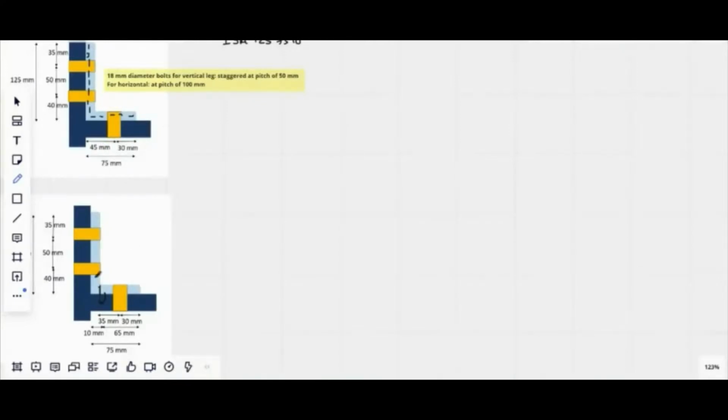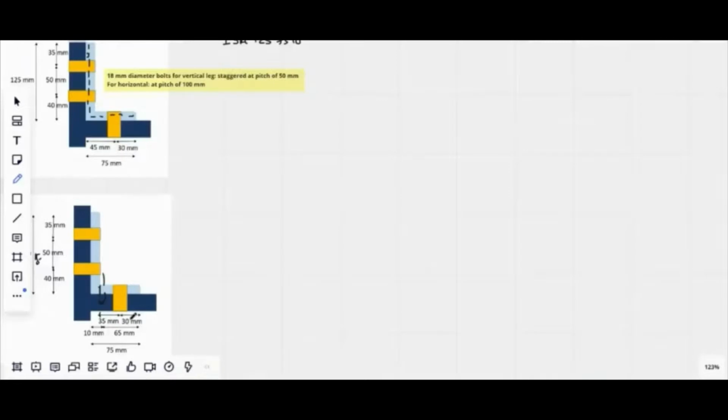It is seen here that the total length of the leg is 125, where the distance from the first bolt is 35, then there is an edge distance of 50, then an end distance of 40, and a distance of 45 which we have seen earlier. The thickness of the angle, which was about 10, has been removed from here, so that the distance turns out to be 35, and the gauge in this direction is about 30.